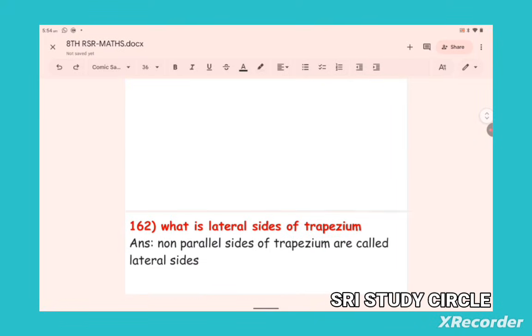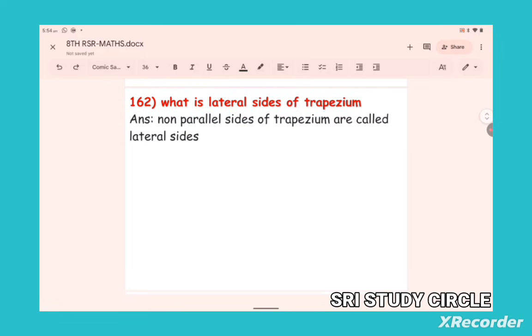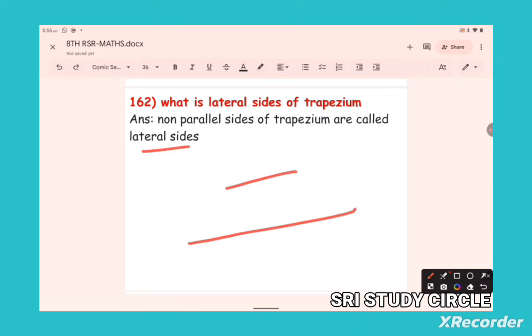Right, next one. What are the lateral sides of a trapezium? Non-parallel sides of a trapezium are called lateral sides. ABCD is a trapezium here. Here the parallel sides are AB and CD.